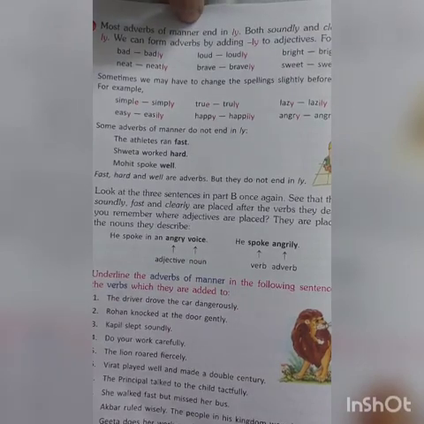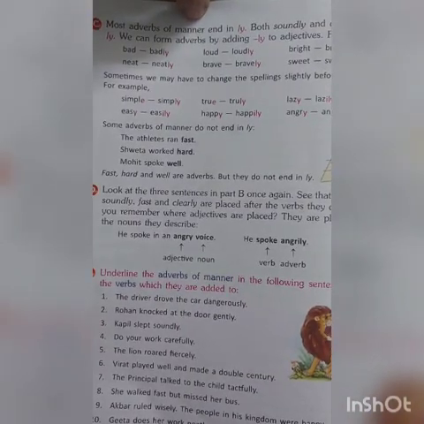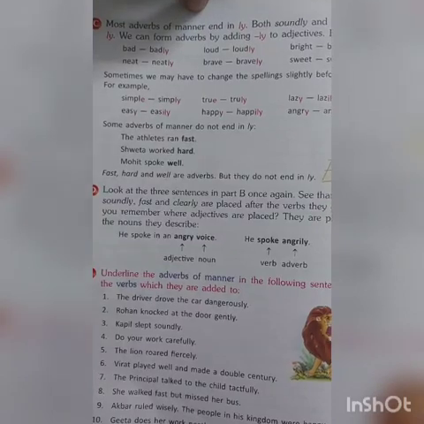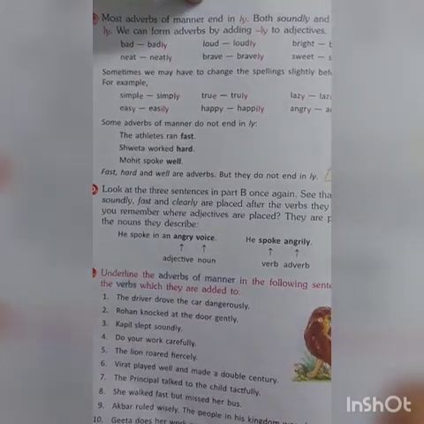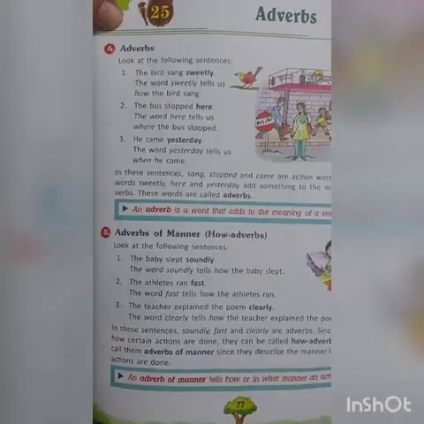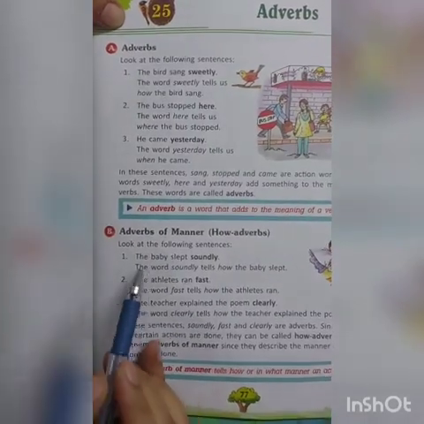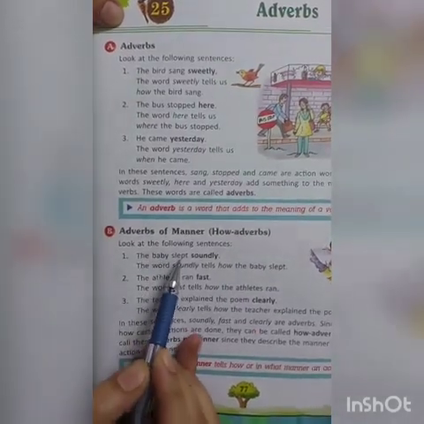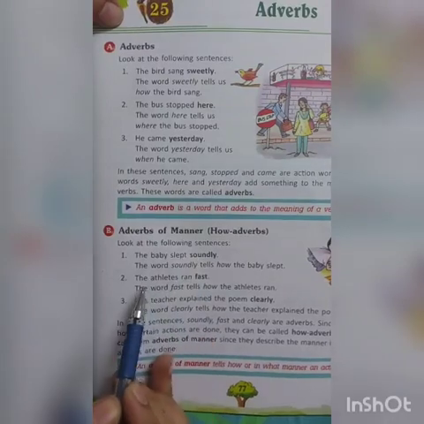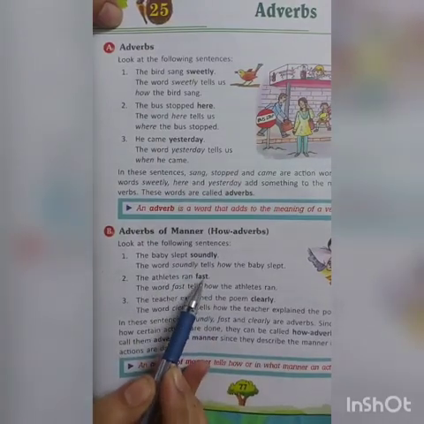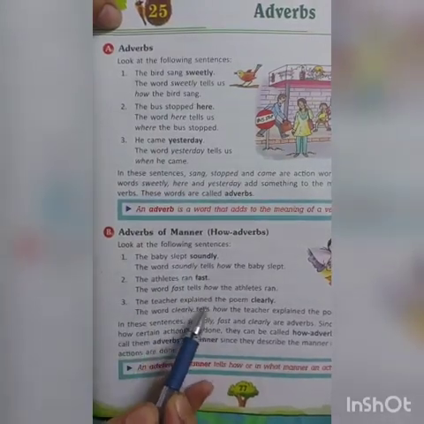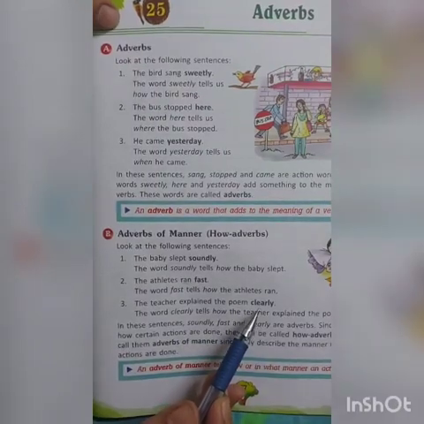Now let us see where the adverbs of manner are placed. Now let's look back to exercise B. Look at these sentences once again. The baby slept soundly. The athletes ran fast. The teacher explained the poem clearly.